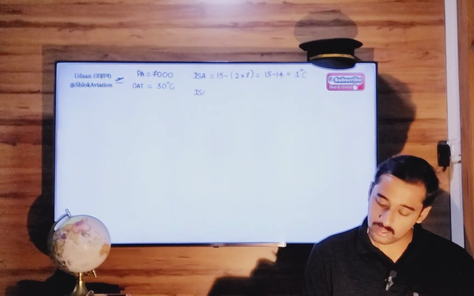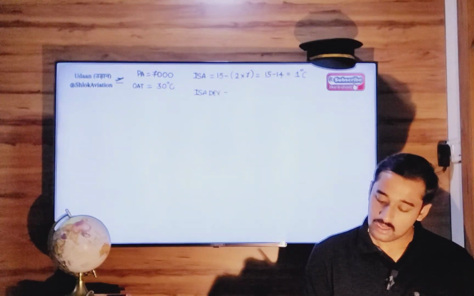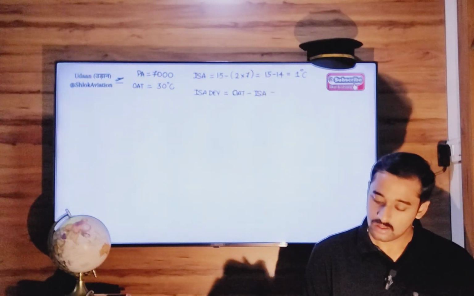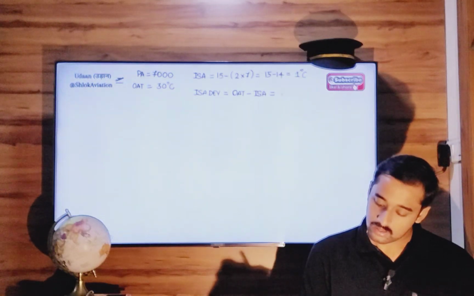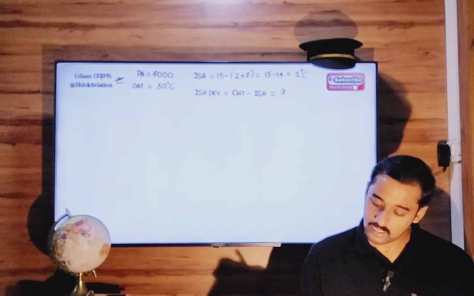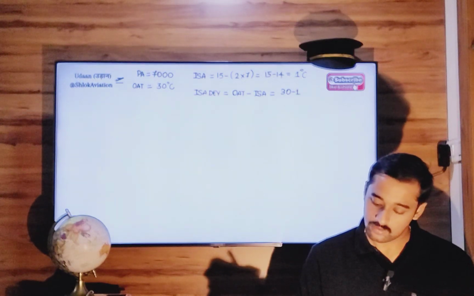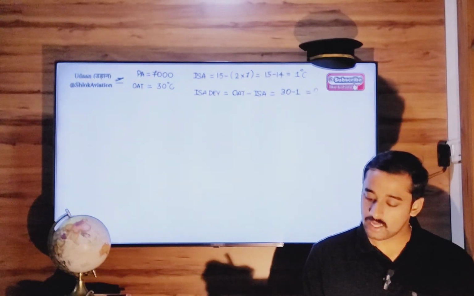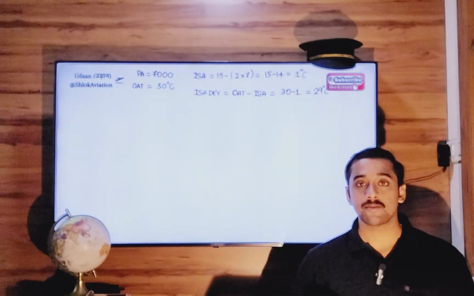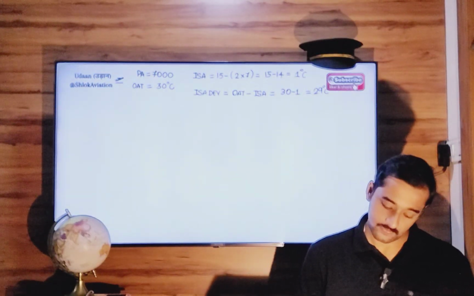ISA deviation will be outside air temperature minus ISA. So 30 minus 1, which is 29. That means actual atmosphere is warmer than ISA by 29 degrees Celsius.